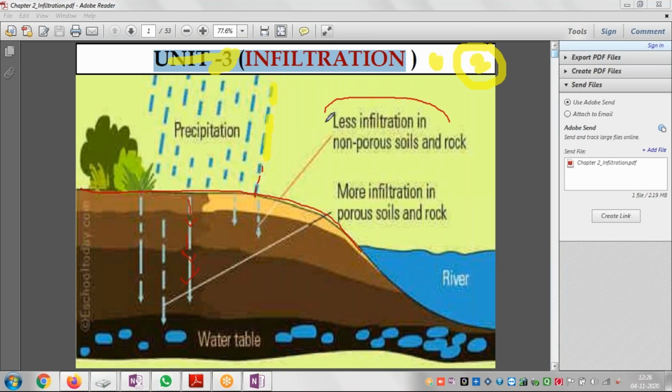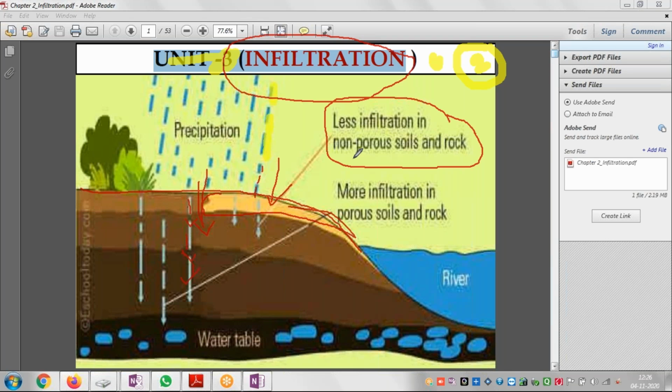There is less infiltration in non-porous soil and rock. Suppose here it is some rock, so water will not go inside, right? But if it is soil, water will go inside. And when it goes very deep, then it is called percolation, right? We had already seen this in the hydrologic cycle. Now this was only one term.